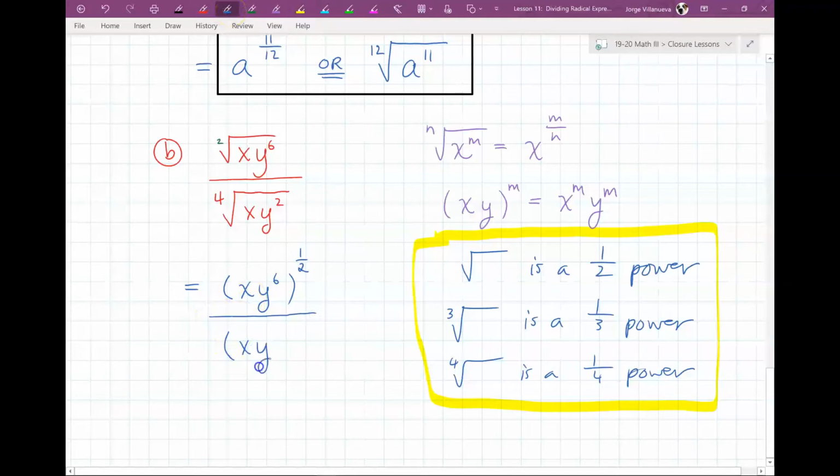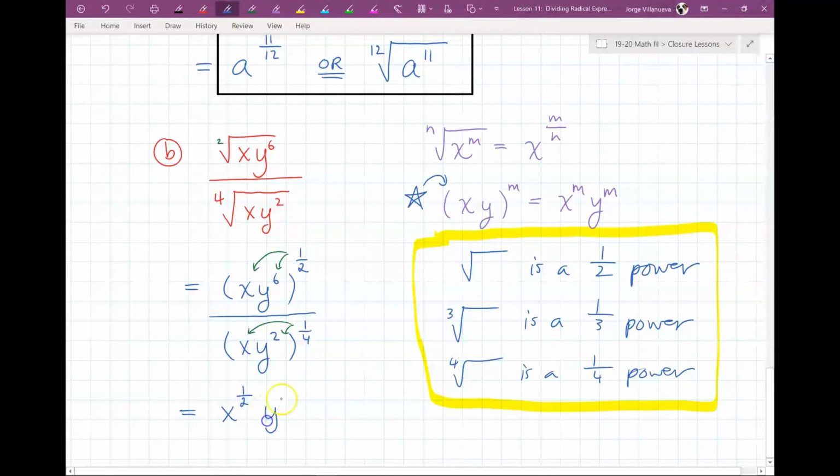The next one is xy squared to the 1/4, right? Because the fourth root is a 1/4 power. Now, because of this right here, I'm allowed to distribute this half and this 1/4 to both terms. So let's go ahead and do that. That's x to the half.